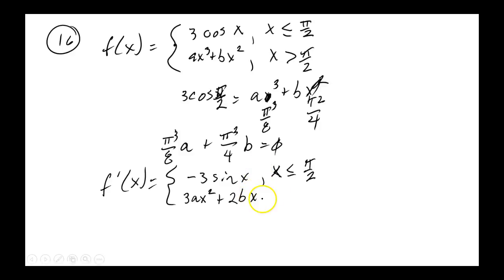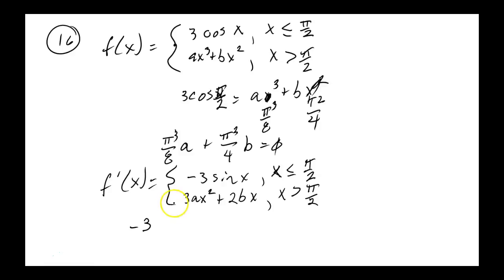2bx. Okay, pi halves. So what can we say here? Minus 3, because sine of pi halves is 1.